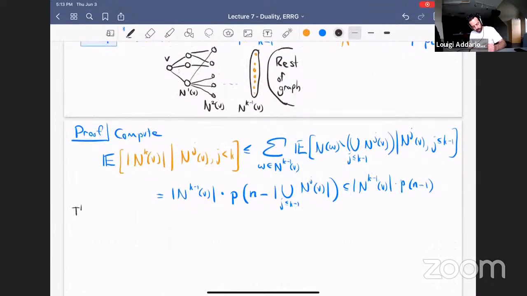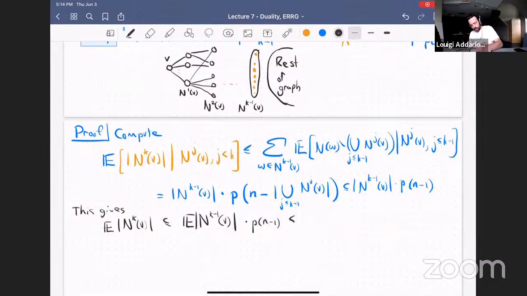So we take expectations on both sides, and this gives that the expected size of N_k of V is at most the expected size of N_{k-1} of V times P(n minus 1).